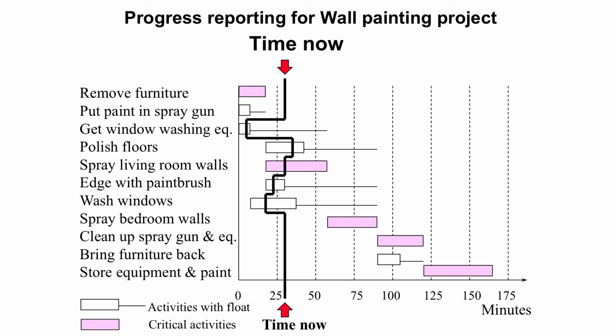So the project has progressed 30 minutes. And we can see from this picture that some activities, like polishing floors, are ahead of time, and some activities, like getting window washing equipment, which are non-critical, are now scheduled at the very earliest possible start in this particular Gantt chart.